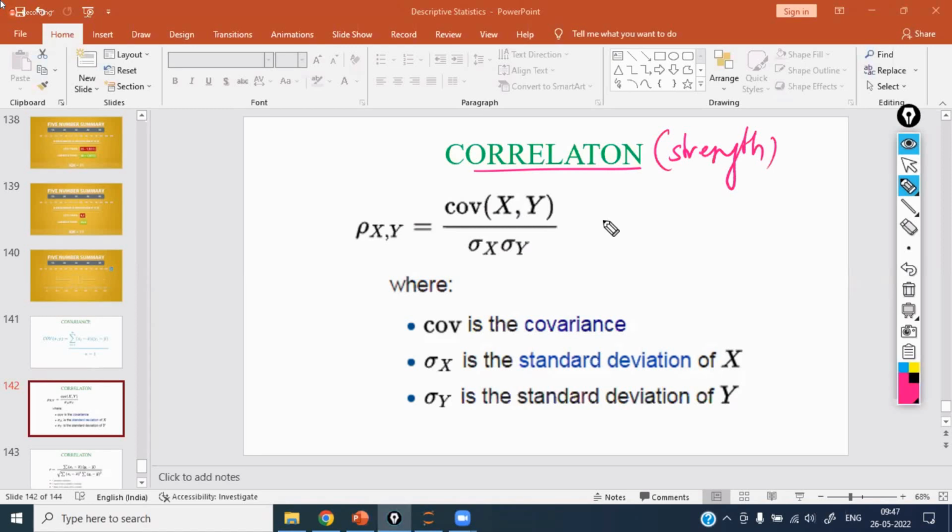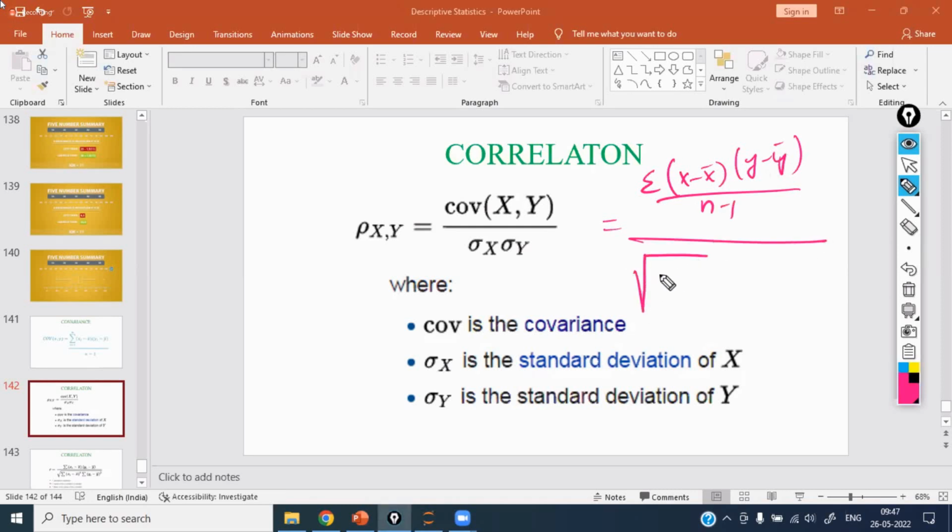Correlation indicates the strength of the relation between x and y, how strong a relation they are having. The formula is given by covariance of x comma y divided by sigma of x into sigma of y. Covariance of x and y is sigma of (x minus x bar) into (y minus y bar) divided by n minus 1, divided by the square root of sigma of (x minus x bar) whole square divided by n minus 1, into the square root of sigma of (y minus y bar) whole square divided by n minus 1.